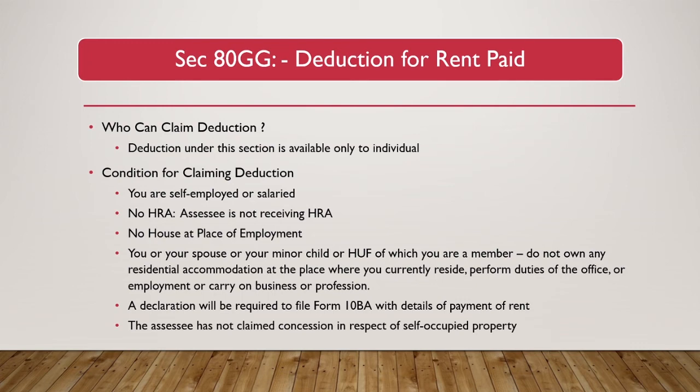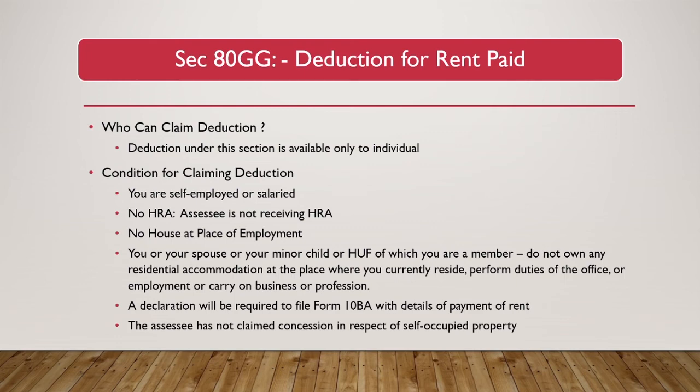SSC shall be self-employed or salaried. He shall not receive any house rent allowance. There is no house at the place of employment. Even your spouse shall not own any residential accommodation at the place where you have your rented accommodation.